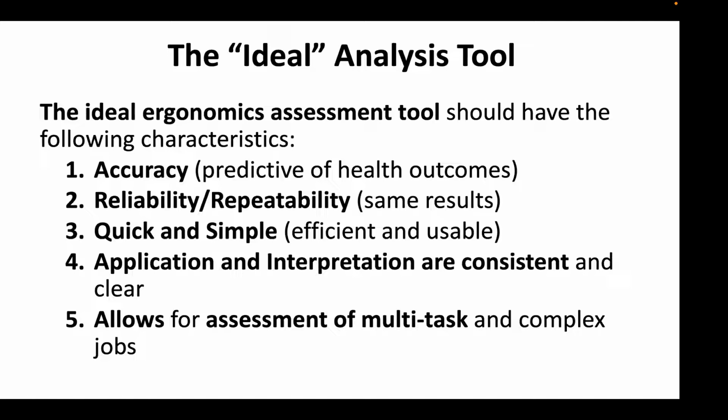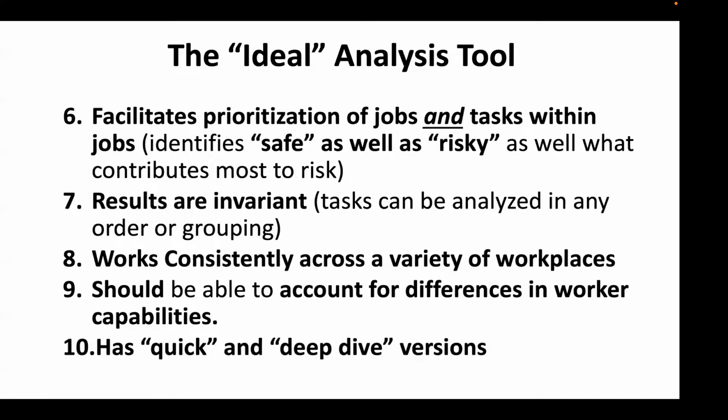It should allow for multitask and complex jobs. Many tools don't. Murray will talk more about that. It should facilitate prioritization of tasks within jobs, as well as identify which jobs are safe and risky, and which contribute most to the risk. What element of the job is contributing the most to the risk that person is seeing?